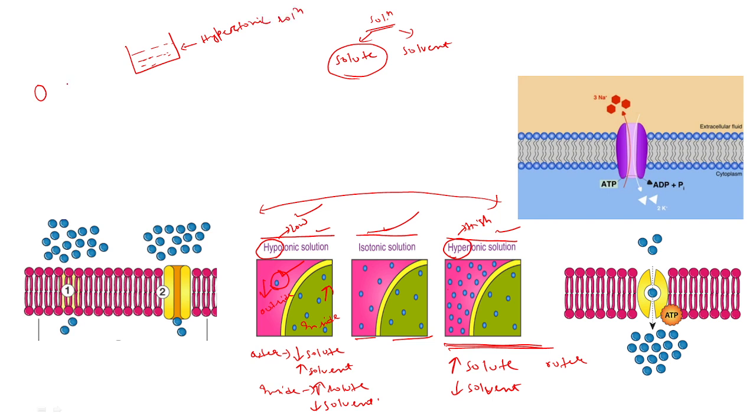In the exam, if it asks that, let us say this is one cell, if one cell is placed in the hypertonic solution, then what will be the condition of that cell? Then the answer will be shrink. Why?